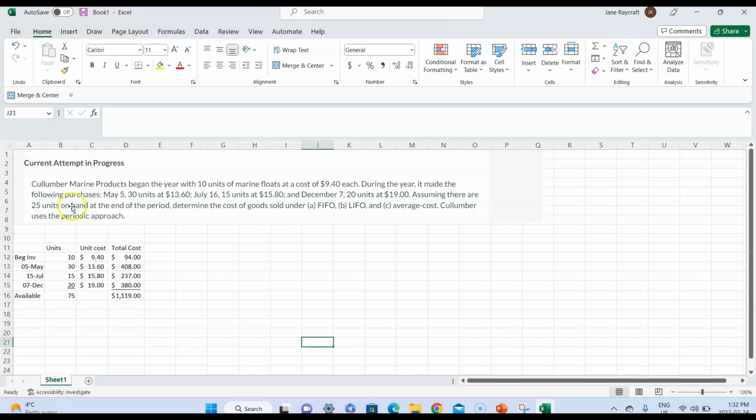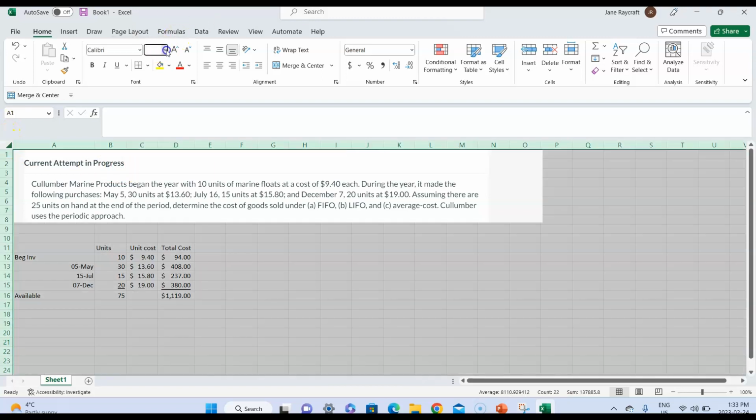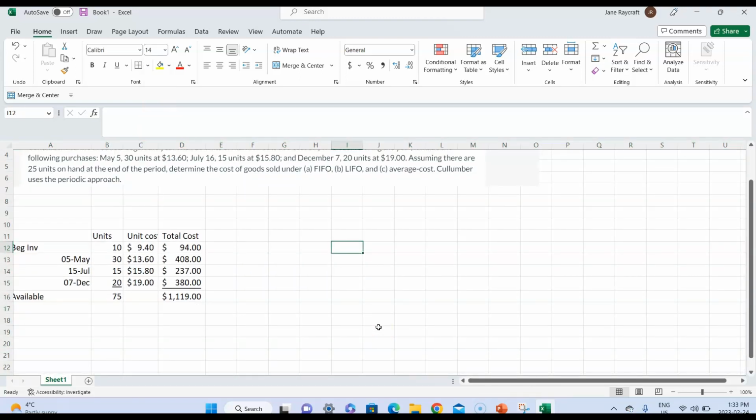Now it says here that we assume there are 25 units on hand at the end of the period. So basically I had 75 units available to use. That's the maximum number of units that I could possibly sell.